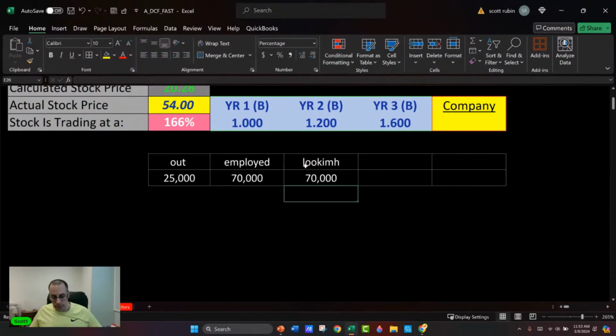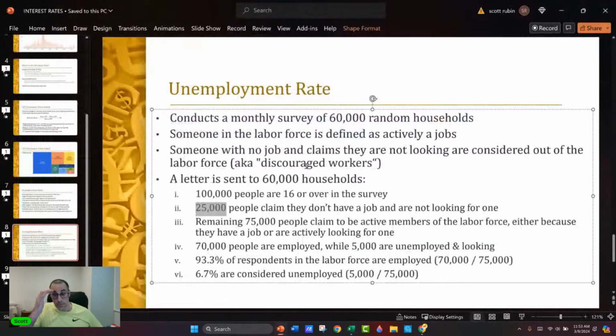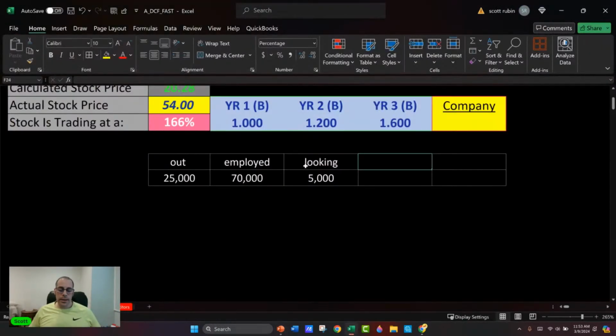So 5,000 are looking. Actually, I did that wrong because I didn't include it in the denominator, the bottom of the equation.